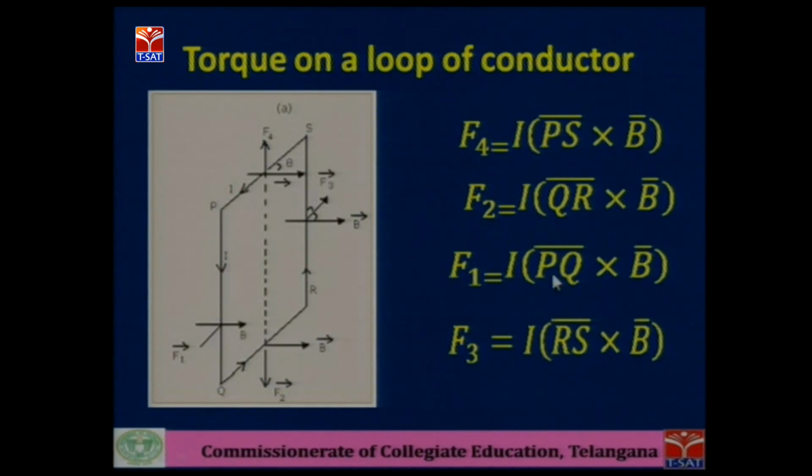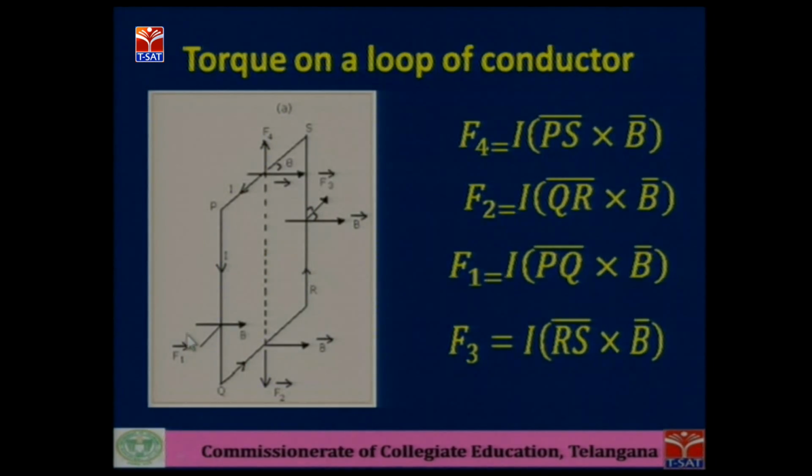So the magnitudes of F2 and F4 are equal and opposite in direction. So the resultant force will be 0. These two forces cancel each other, so F2 and F4 make no contribution to the resultant force.